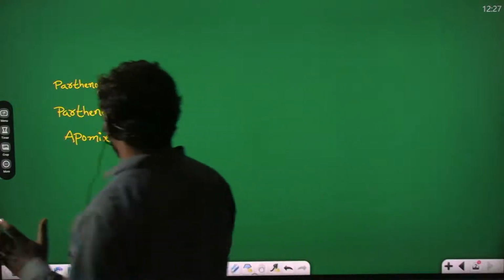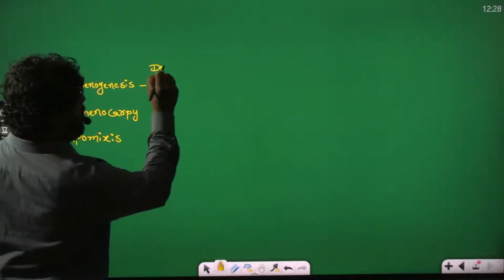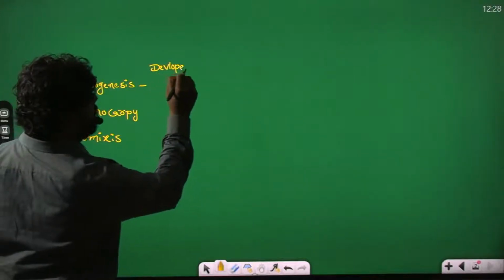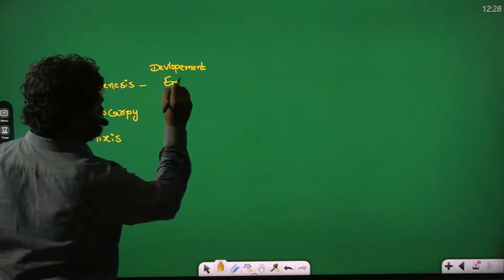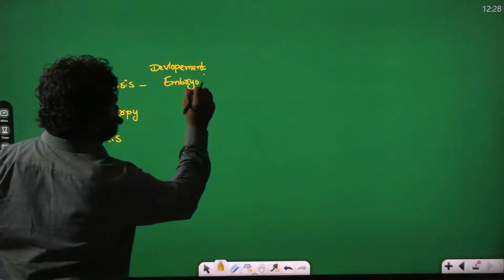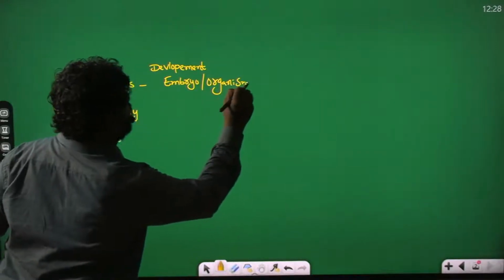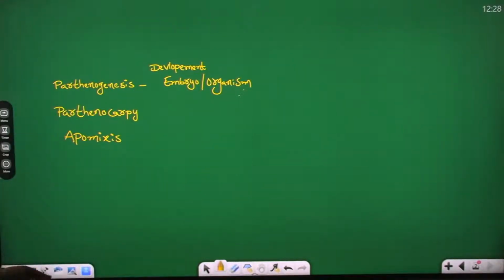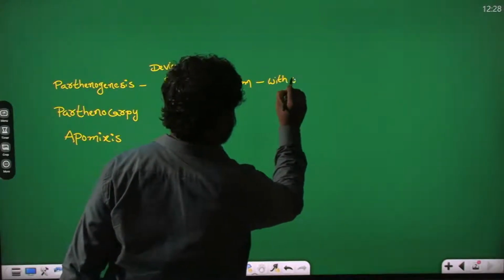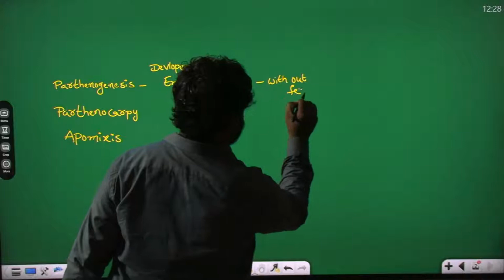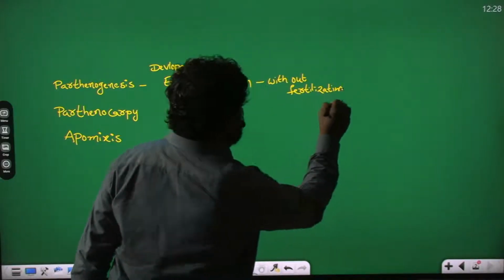Simple. Listen, parthenogenesis means development of an embryo or organism without fertilization, without the process of fertilization. Generally the embryo is developed after fertilization.